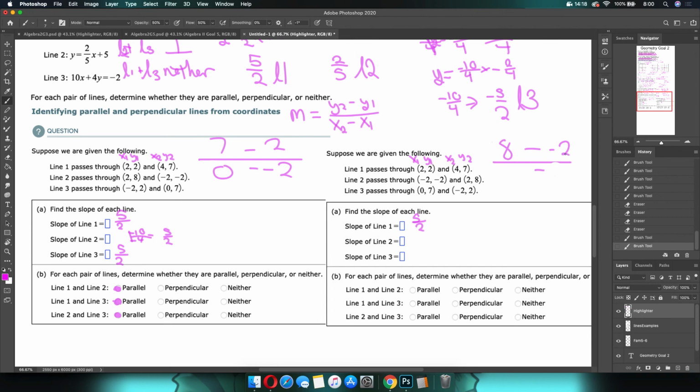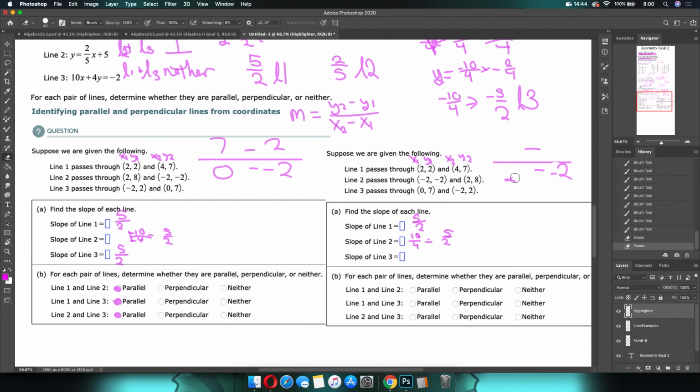Minus -2, double negative, and then we have 2 minus -2. So double negative makes a positive, so 8 plus 2 is 10. 2 minus -2, double negative makes a positive, which is 4, so that's going to be 5 halves. Did we get the same thing? I don't think so. Huh.